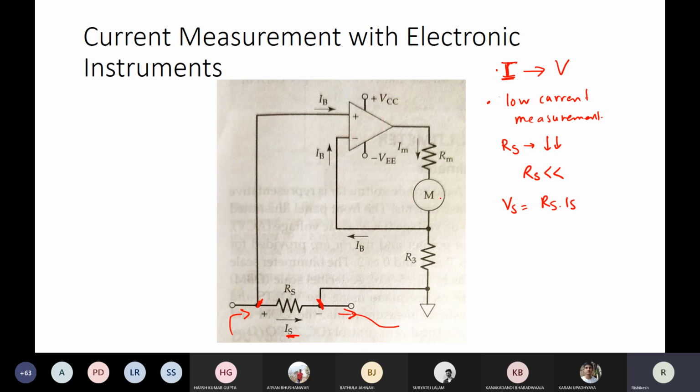It is interesting to see that current is first converted into voltage, and here voltage is again converted into current, corresponding to the one flowing through the meter. So this is current measurement using an electronic instrument by putting a resistance in series with the circuit through which the current is being measured.